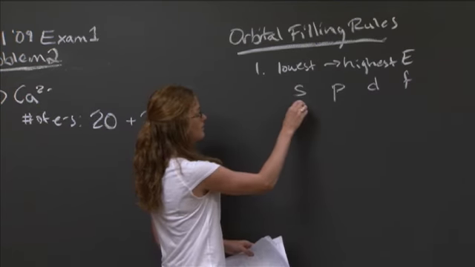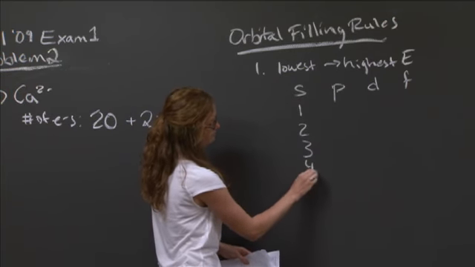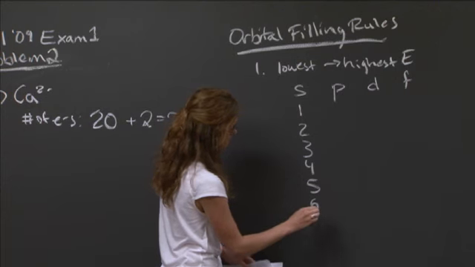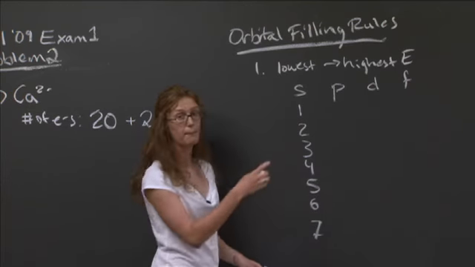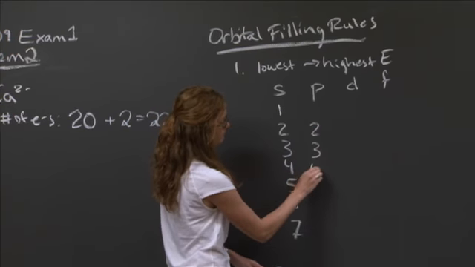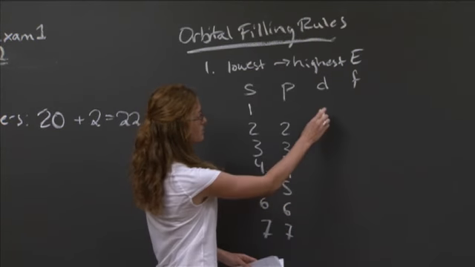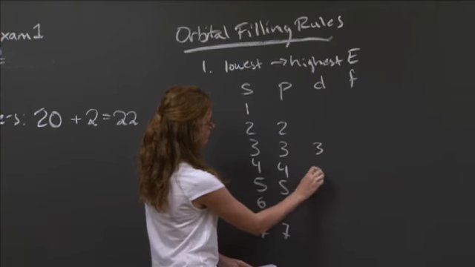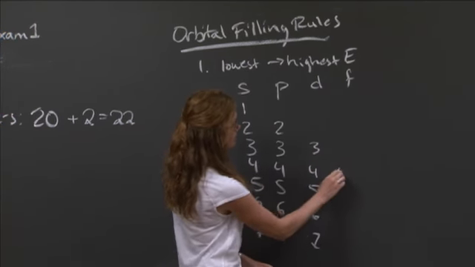We know that S can be in the first energy level up. We know that P starts at the second energy level. D starts at the third. And F starts at the fourth.